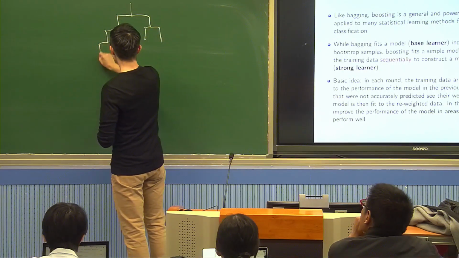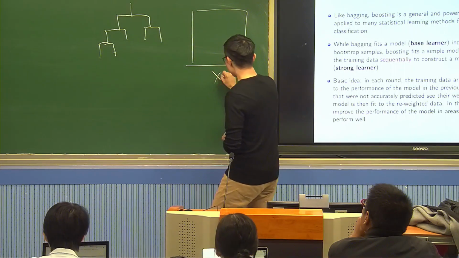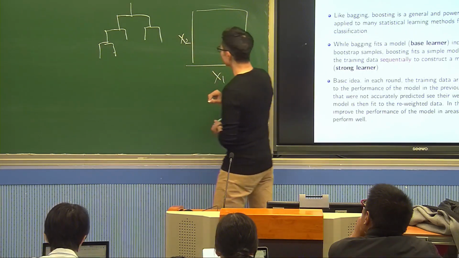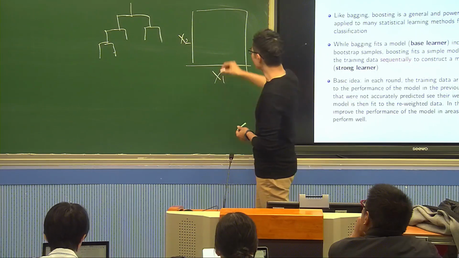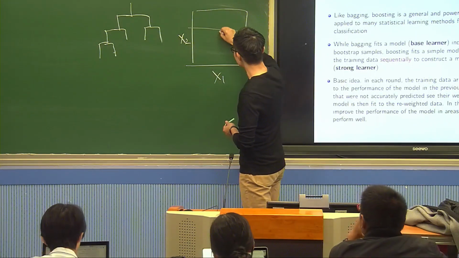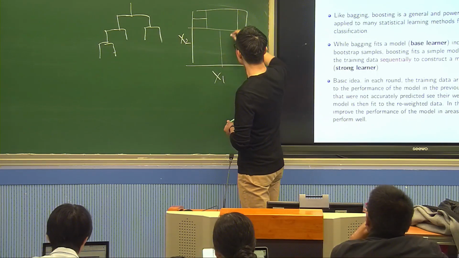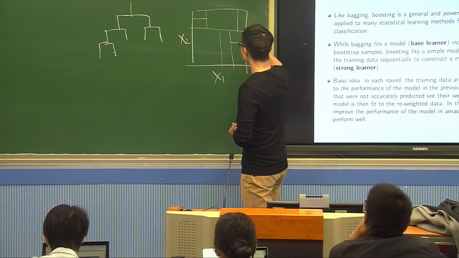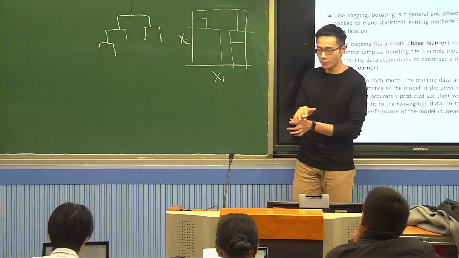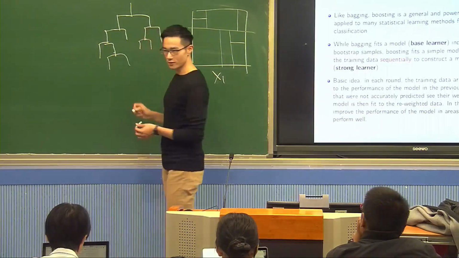Corresponding to x1, x2, if x is 2-dimensional, then the tree corresponds to making recursive cuts. So one cut here, the other cut, maybe another cut. Every time we cut a different region, making recursive cuts, we end up with a tree kind of structure.